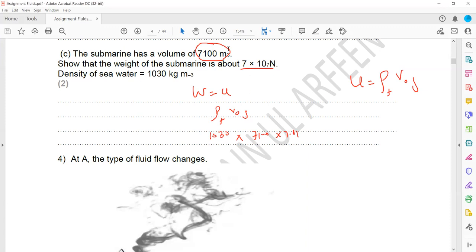Is it clear? So this will give us the weight of the submarine.